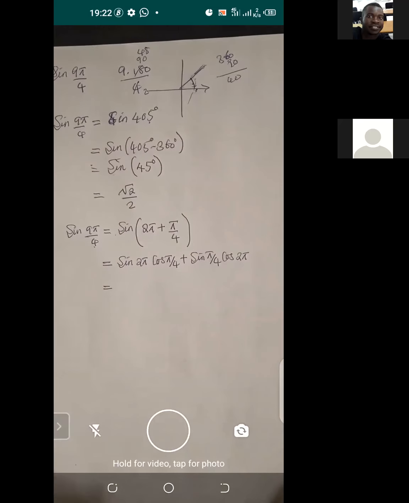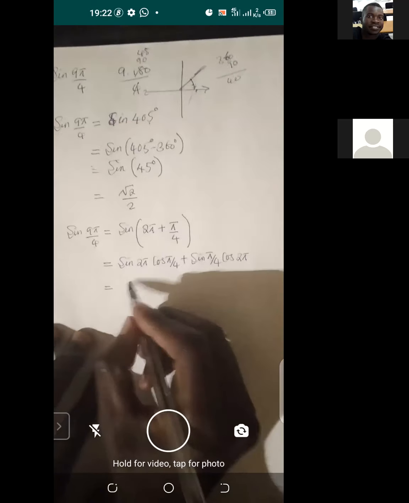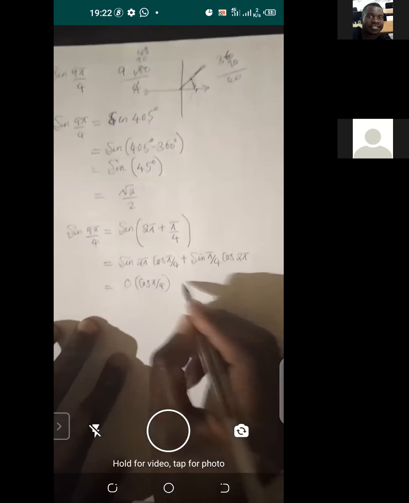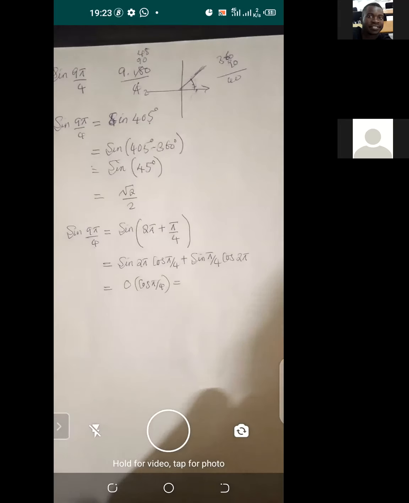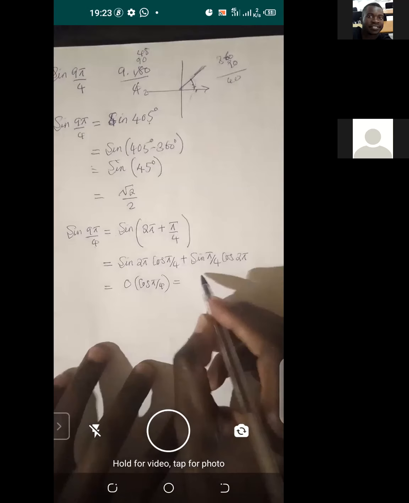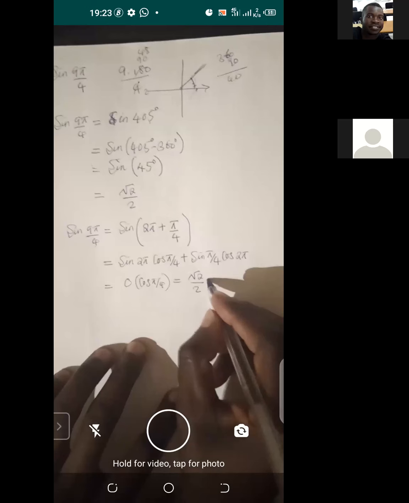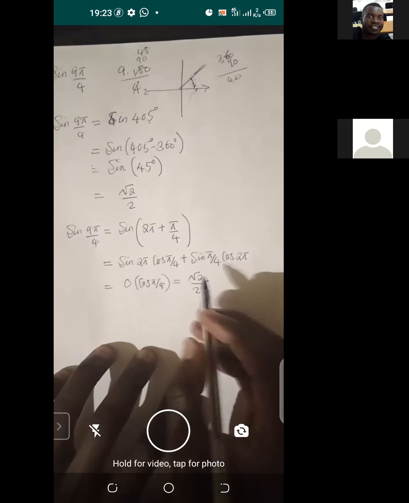Sine 2 pi, that is 360, you get a 0. So this one here, you have 0 times cos pi by 4, plus sine pi by 4, which is 45 degrees. Sine 45 degrees, you get the root of 2 over 2, times cos 2 pi, you should be able to get a 1.